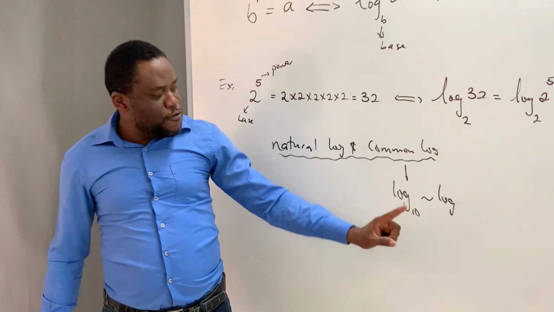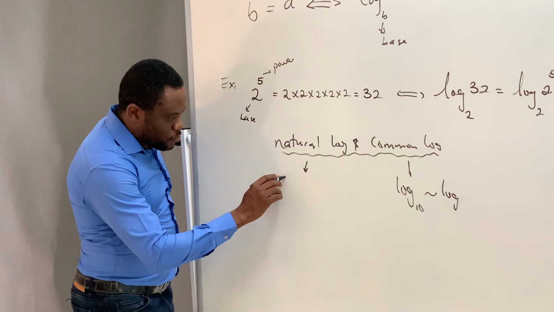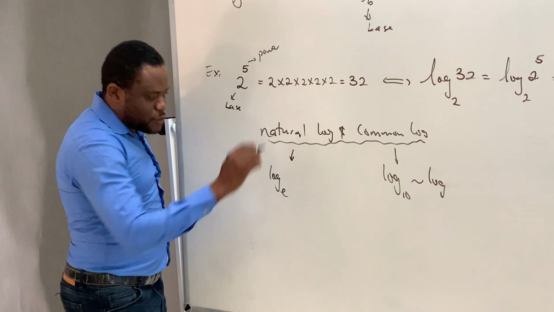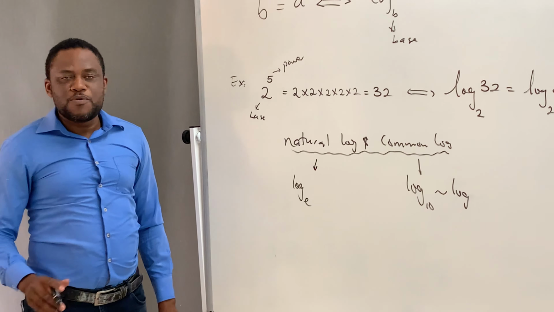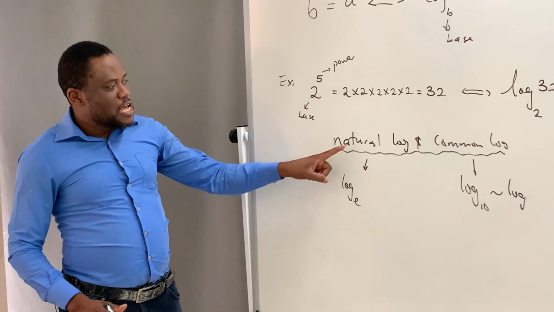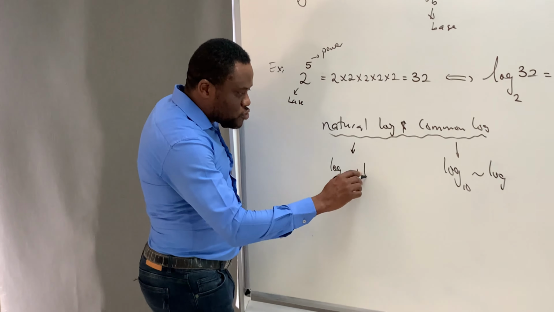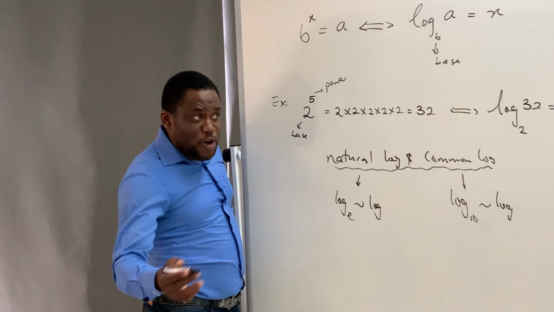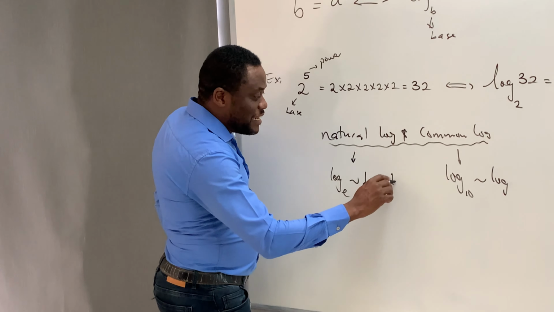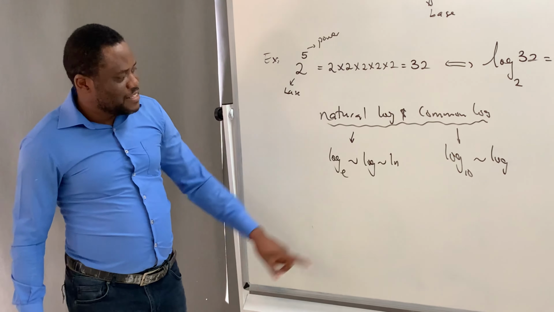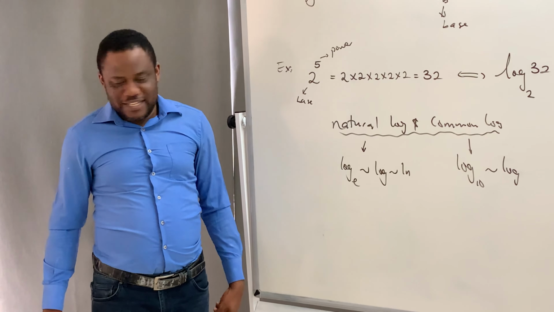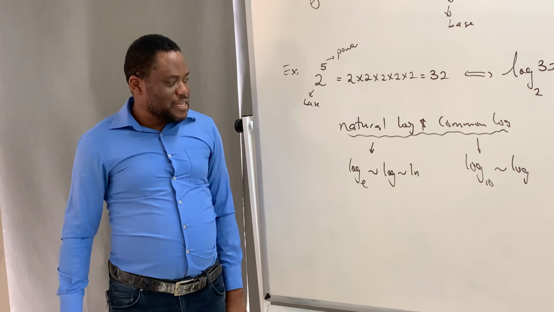Okay? For the natural, the base is e, the exponent. You can write it also as ln. Some people even write it as l-n.